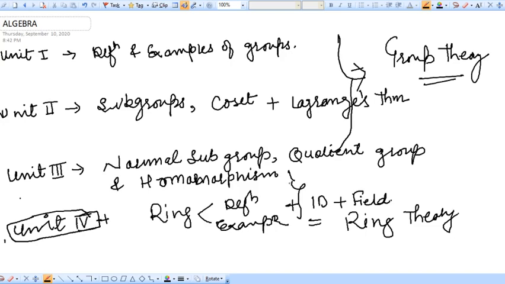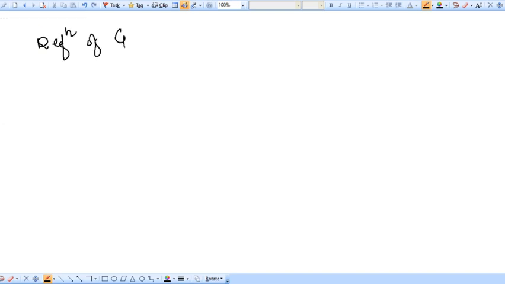So we will be starting with unit 1, that is definition of the group. So shall we start? Okay. Definition of the group.